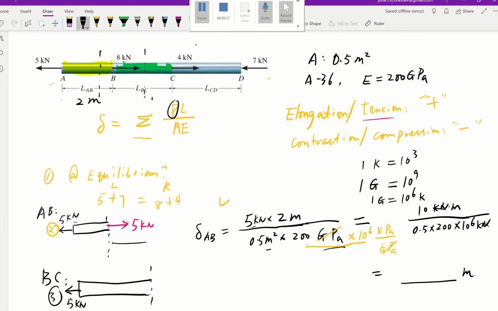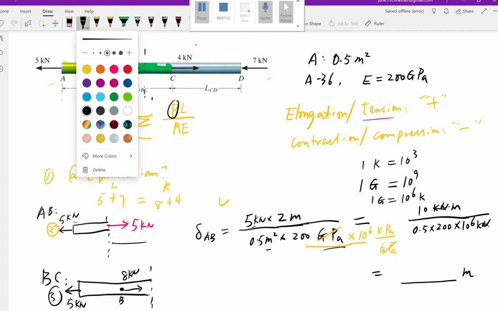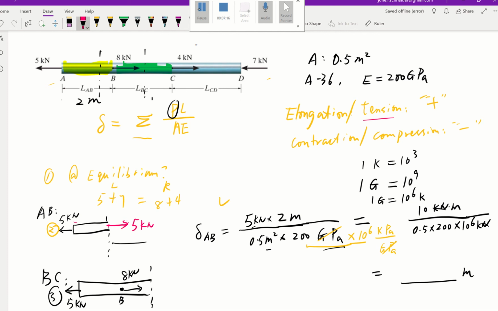You have 5 kilonewton here, and now we're going to include B, because this 8 kilonewton is applied at point B, so we do need to consider that one. Where the dashed line is, that's where the internal force is, and I'm going to use red color. Now let's think about it. 8 kilonewton to the right, 5 to the left, so this one has to be going to the left, will be 3 kilonewton. So 3 plus 5 will be 8 left and 8 right.